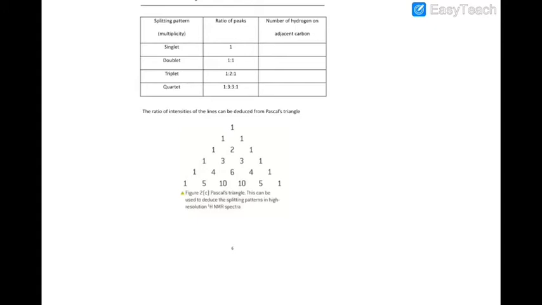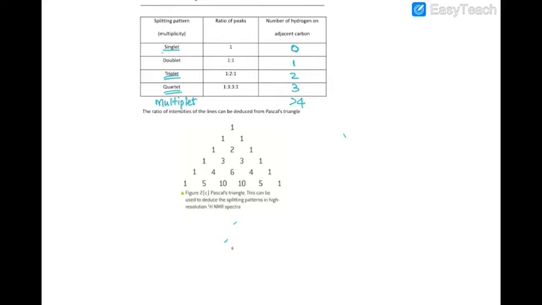Singlet means there is only 1 peak, and here you have no hydrogen on the adjacent carbon. Doublet, 1 hydrogen. Triplet, 2 hydrogens on the adjacent carbon. Quartet, 3 hydrogens on the adjacent carbon. You can also have what we call a multiplet if you have more than 4 hydrogens on the adjacent carbons.